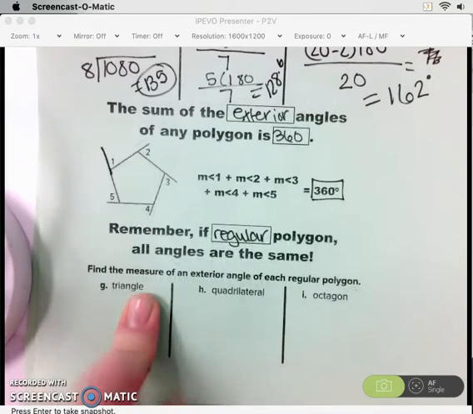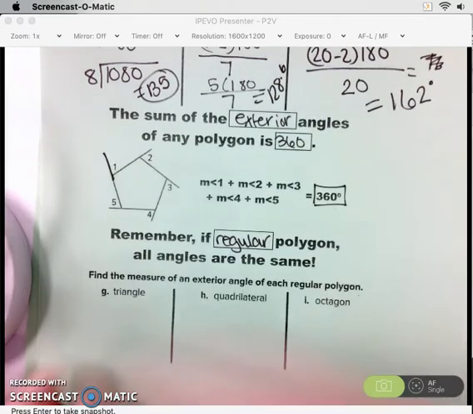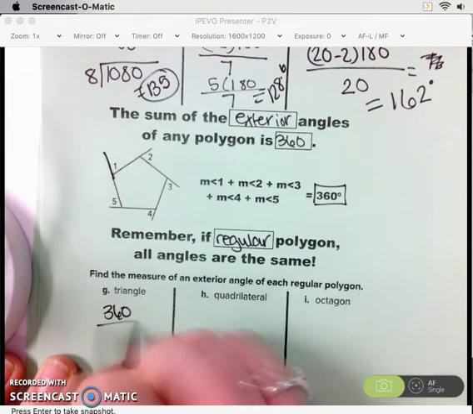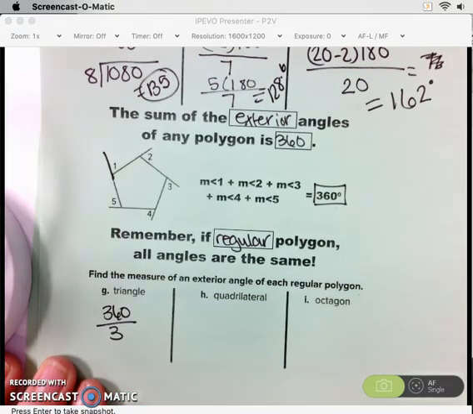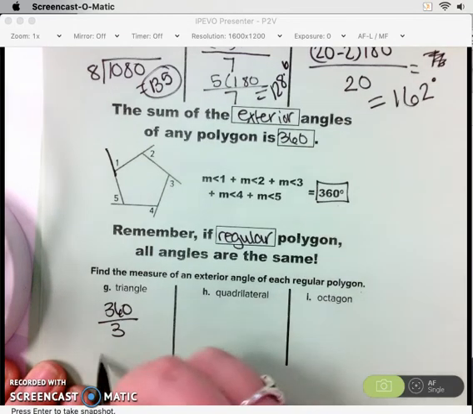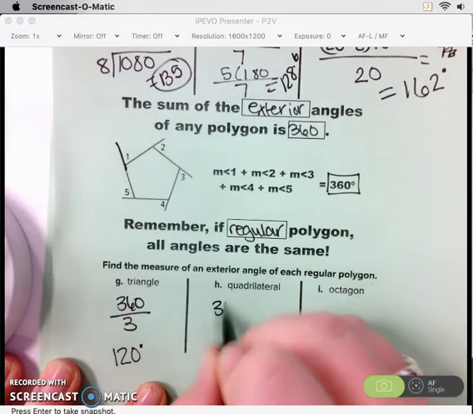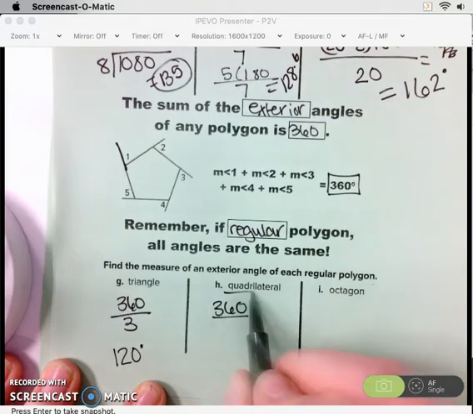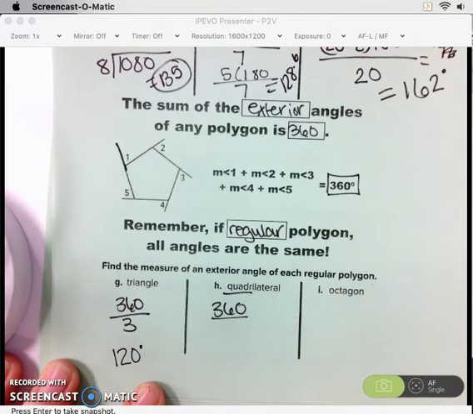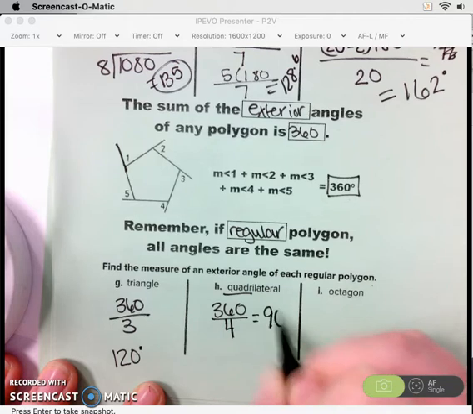So, regular polygon, triangle, I would take 360 and divide by the number of sides. 360 divided by 3. So, 120 degrees. That's each one of them. 360 degrees divided by quadrilateral, divided by 4, and you get 90.